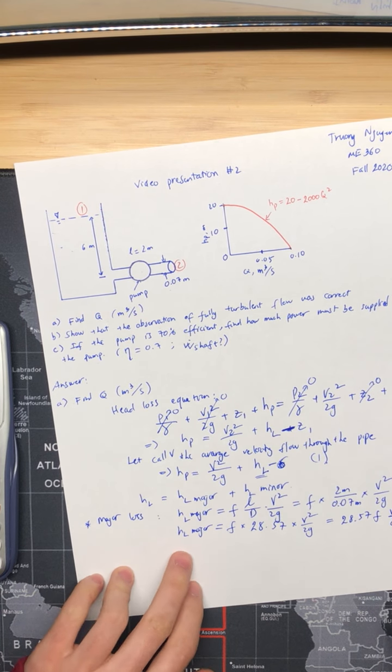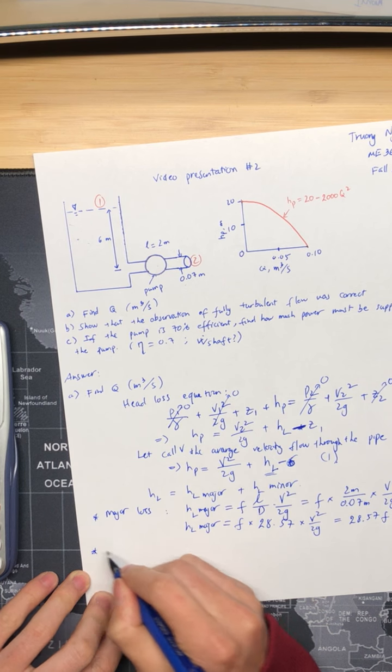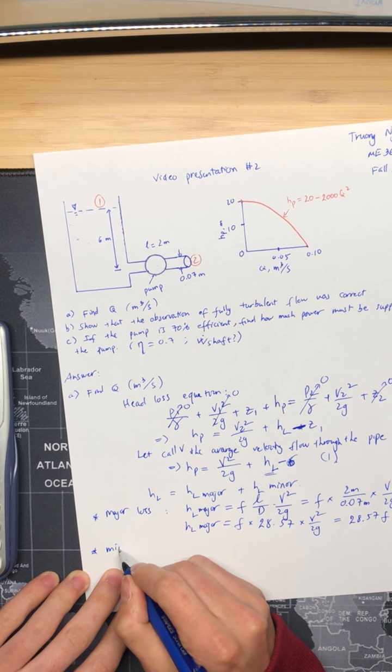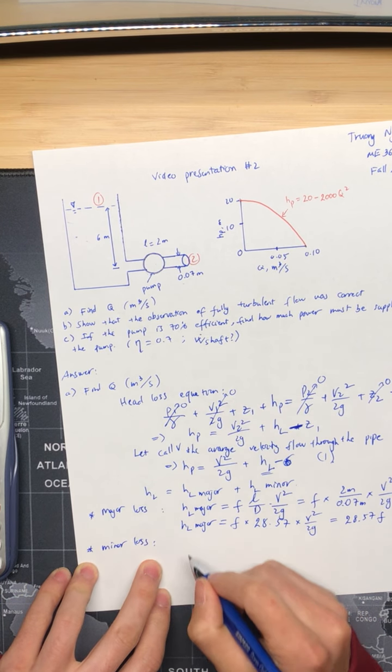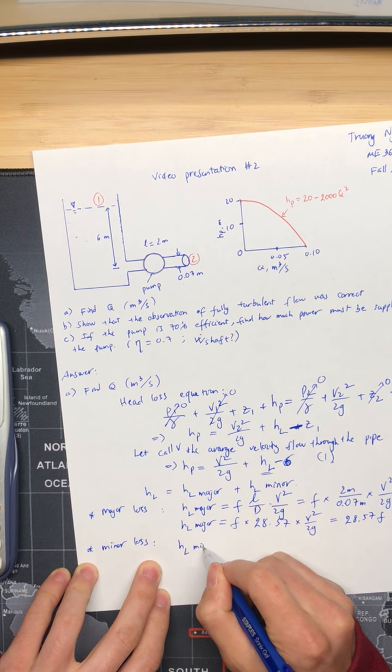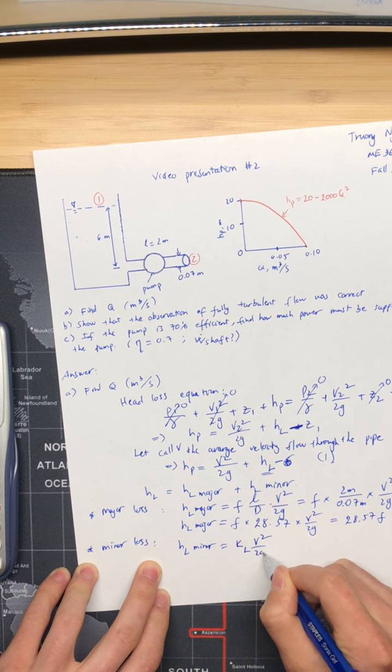Okay, so we have the head loss major. We need to find the minor loss. HL minor equals KL V squared over 2g.